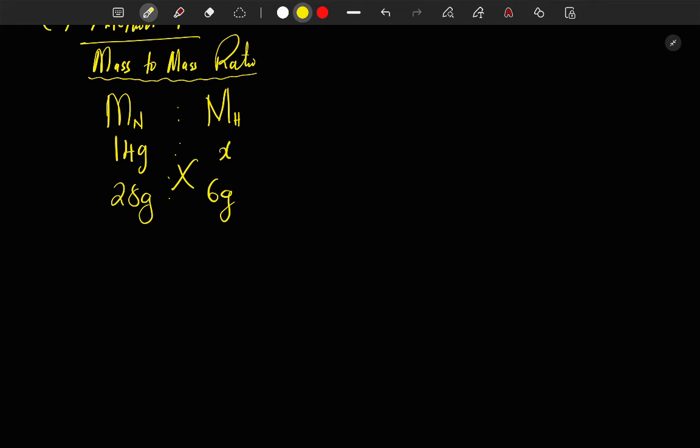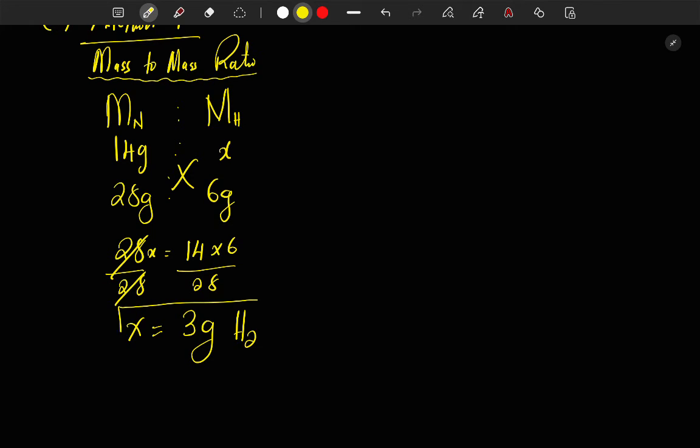We multiply 14 and 6, so X is equal to 14 multiplied by 6 over 28. So we multiply 14 by 6, then divide by 28. I'm getting 3 grams of what? Hydrogen.